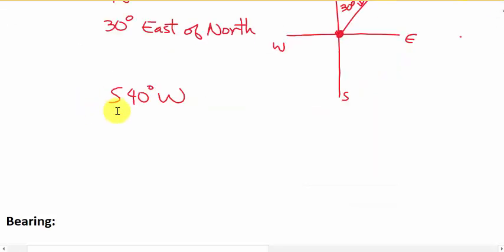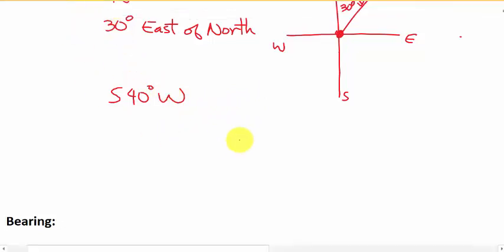Alright, so what if I tell you to walk 40 degrees west of south? Then which direction would you walk in? Again, I said to draw your cross section. Usually I don't draw solid lines for that. Usually what I would do is draw dashed lines.